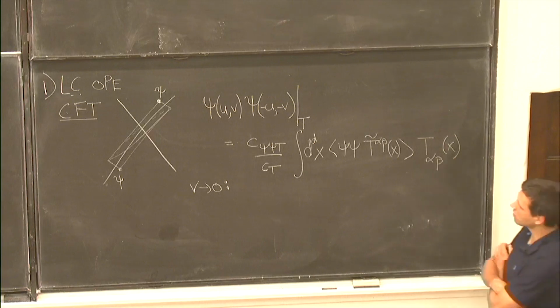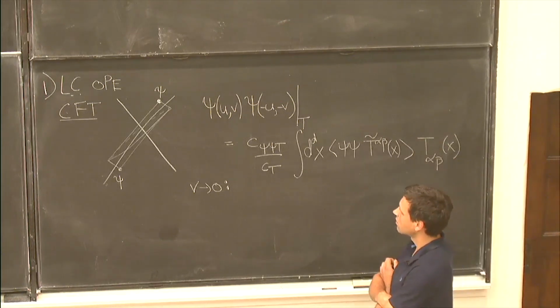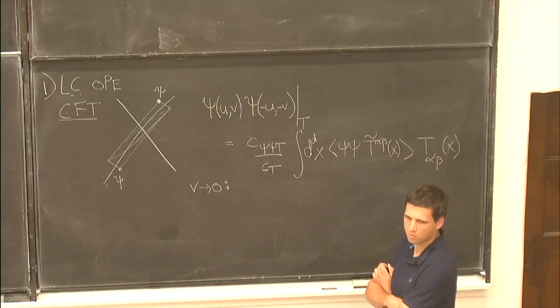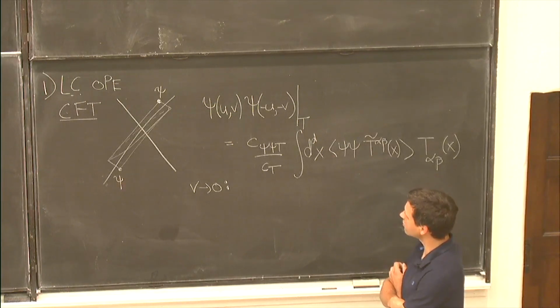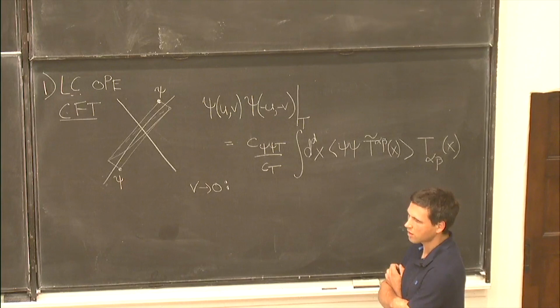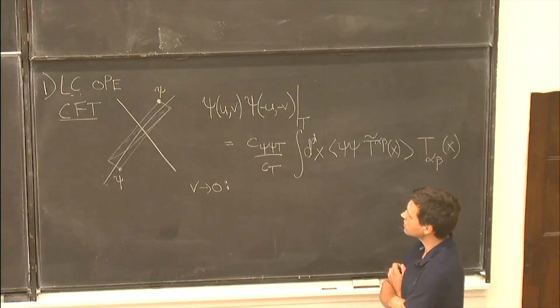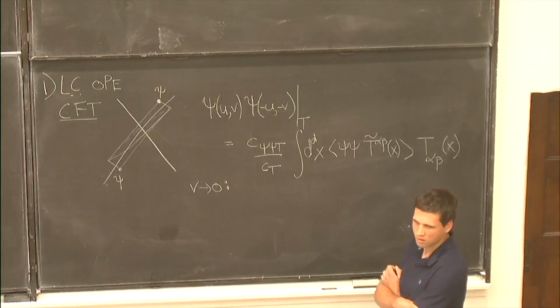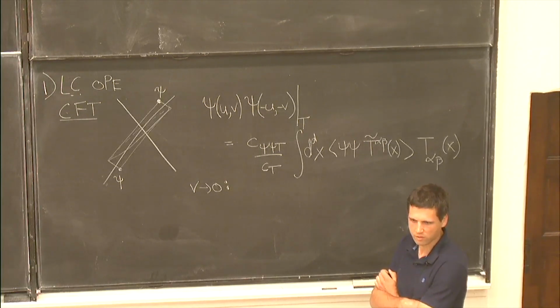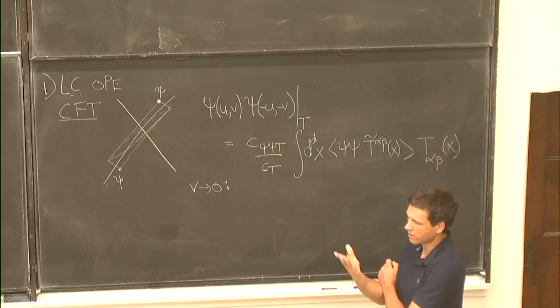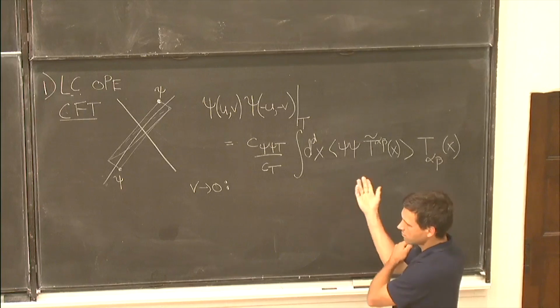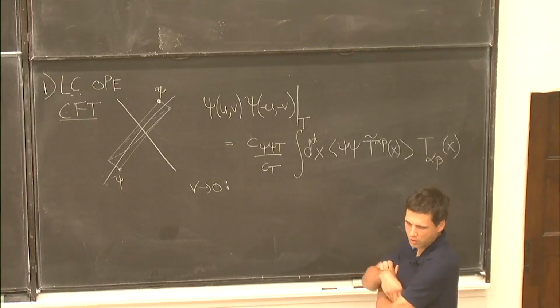In which sense is this term more important than infinitely many other terms that are present? This is the full contribution of the stress tensor. What's the definition of the contribution of the stress tensor? If you were to plug this into a 3-point function with t, it would give the correct psi t 3-point function. Or if you were to plug it into a 4-point function, it would give the conformal block for stress tensor exchange.